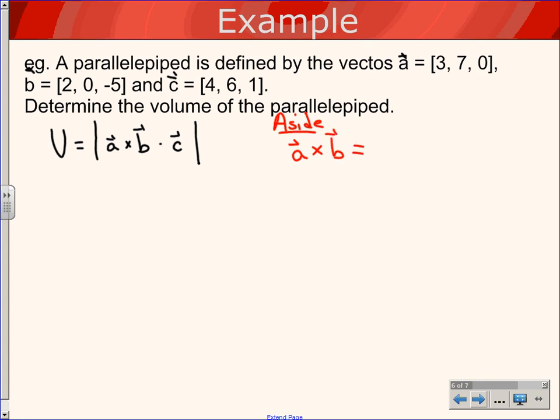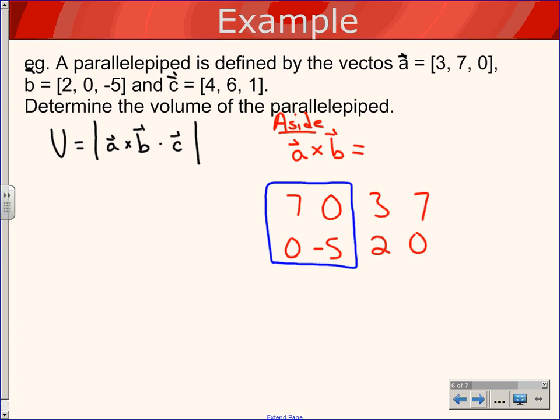So to do this calculation, we're now using our components. So I'm going to write down our numbers. This is for our cross product trick. And remember how we did this? This was our down product minus up product. So 7 times minus 5 is minus 35.